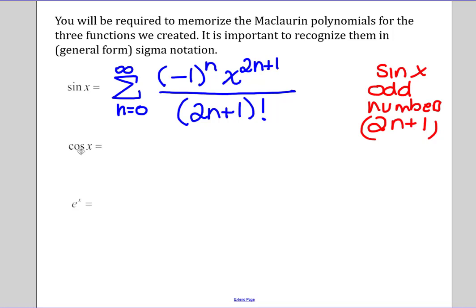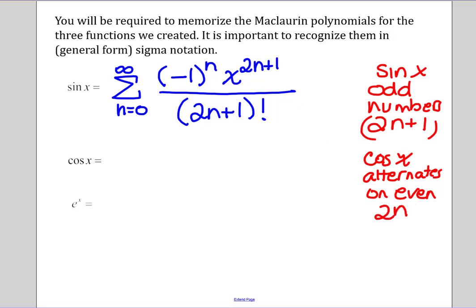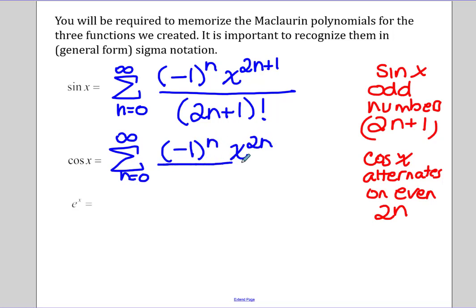The cosine term: cosine alternates on even numbers, so that pattern is 2n, and our sigma notation would be the summation from n equals 0 to infinity, negative 1 to the n, x to the 2n power, divided by the quantity 2n factorial.